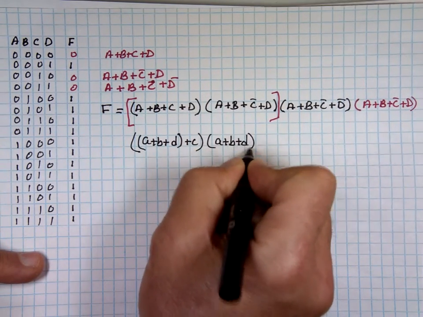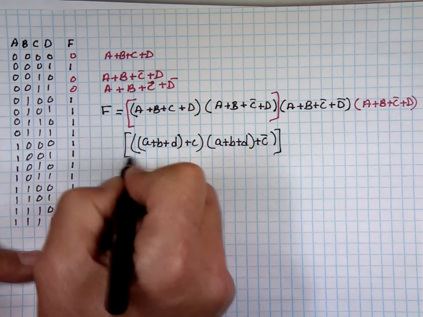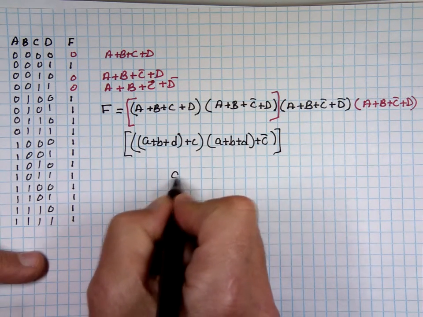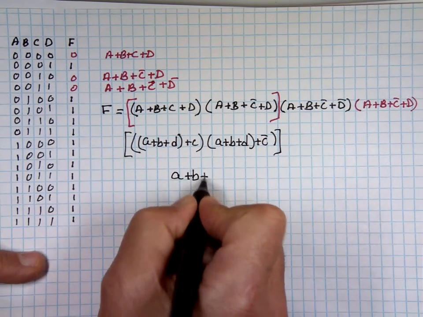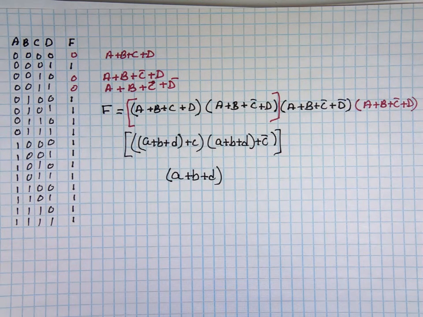And we know this one simplifies, because this is C and C bar, and they cancel each other out. You end up with A plus B plus D. Let's look at this.